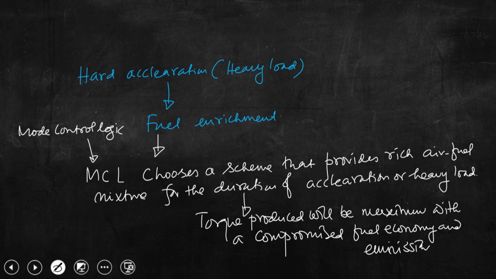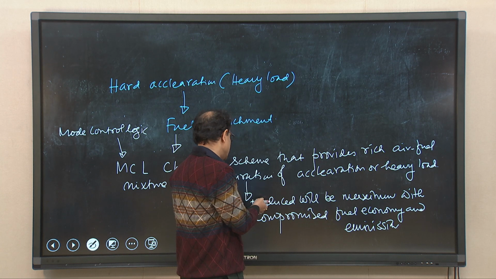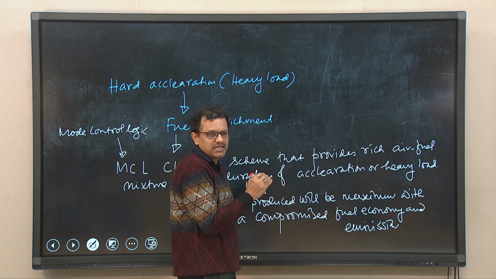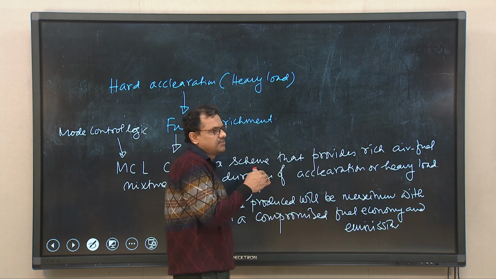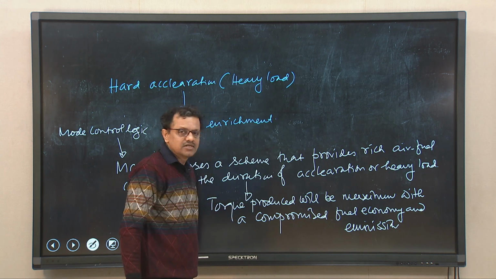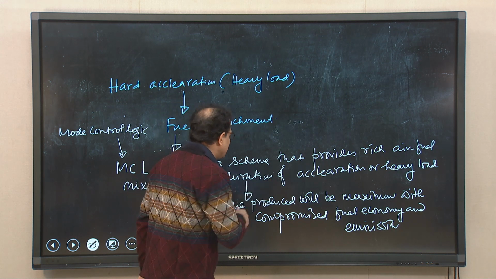As compared to stoichiometric, though we are trying to have maximum torque, we have to compromise the fuel economy, because the ratio is a little away from the stoichiometric air fuel ratio, and essentially emissions should be beyond control. So, we have to compromise.